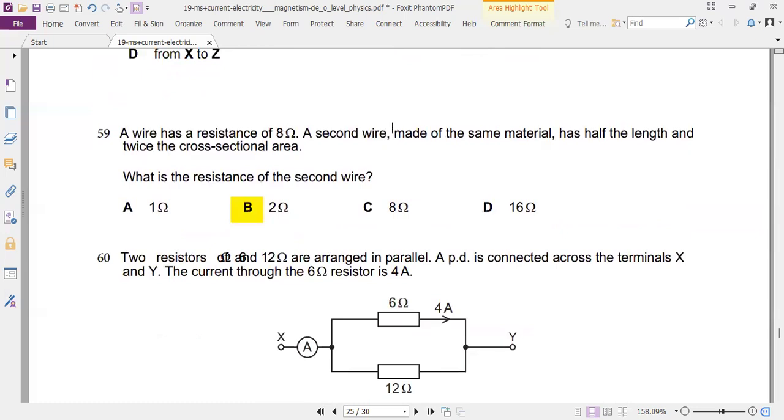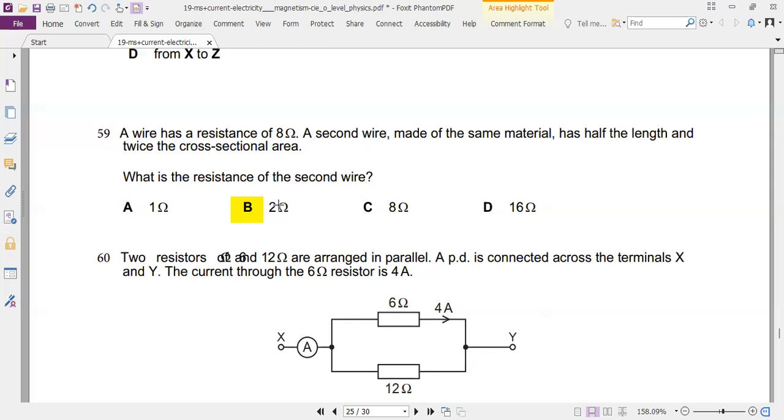We have an 8 ohm resistor, half length, twice the cross sectional area. Well, if length is half, the resistance becomes 16, and if the cross sectional area is twice, the resistance becomes 32.